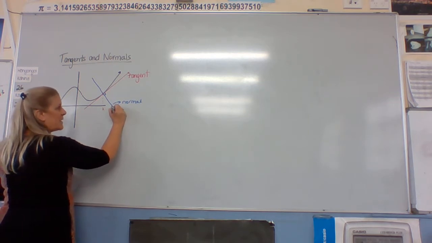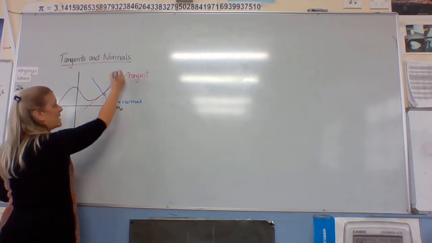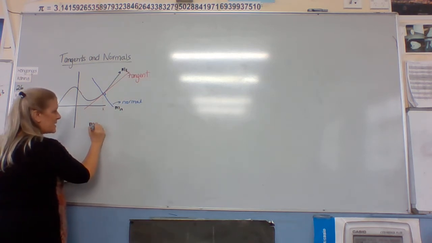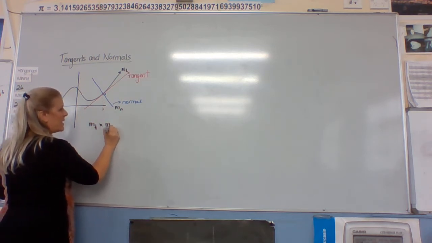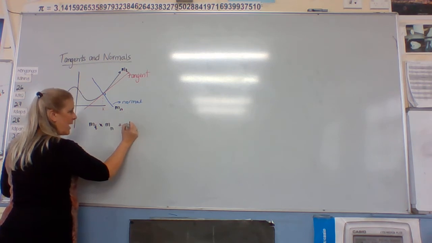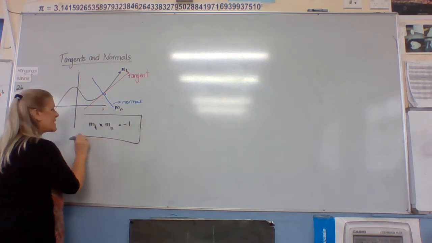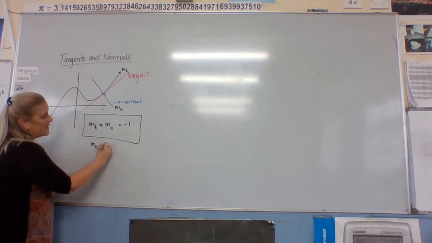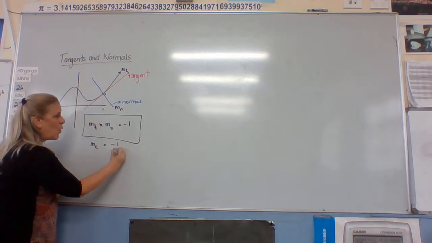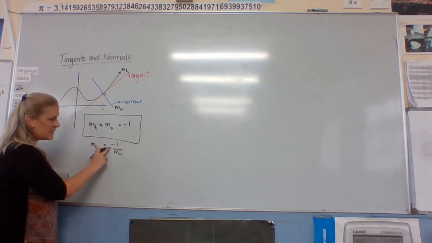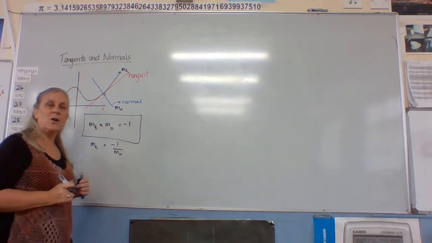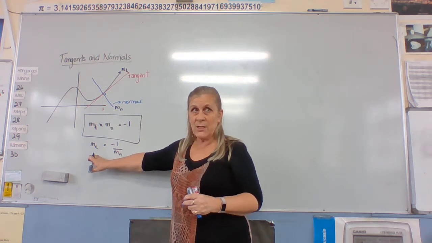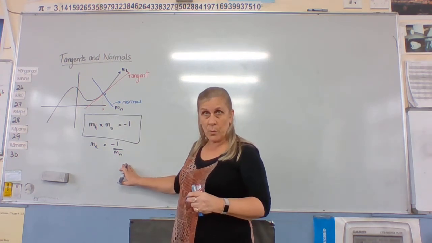So if this one has the gradient mn, and this one has the gradient mt, then mt times mn will equal -1. So when we say the negative reciprocal, that means that mt is equal to -1 over mn. All right, so we always use the gradient of the tangent to find the gradient of the normal.